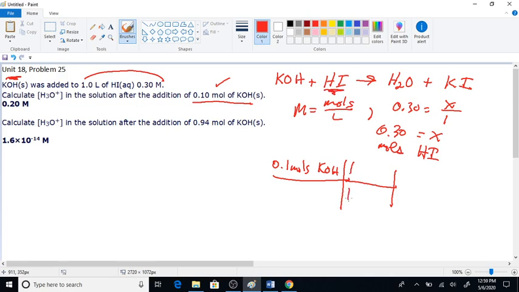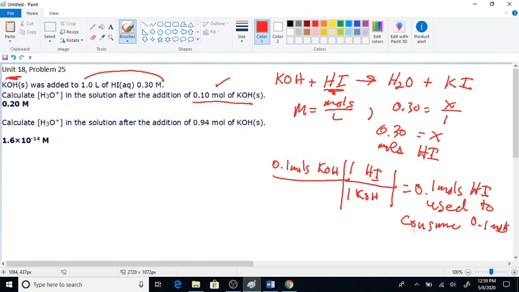So it's 1 to 1, 1 KOH for 1 HI. So what does that give us? We use 0.1 moles of HI to consume 0.1 moles of the KOH that was added.